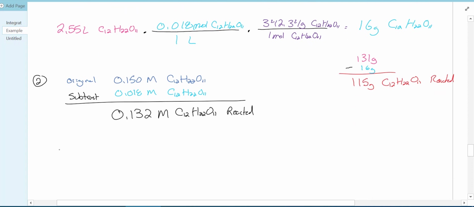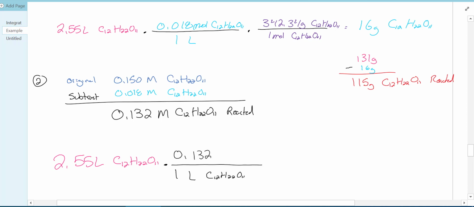Now, I'll use the same color, 2.55 liters of C12H22O11, right? Because it's the same, we're assuming the volume's not changing. That's the assumption we're making. We know that in 1 liter of C12H22O11, we have 0.132 moles of C12H22O11.